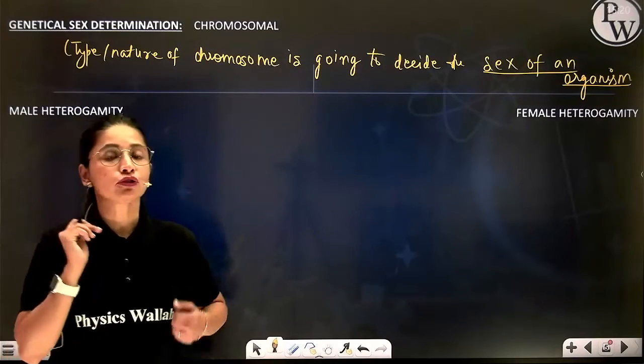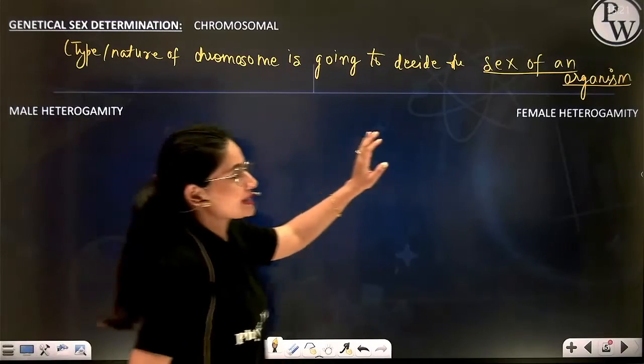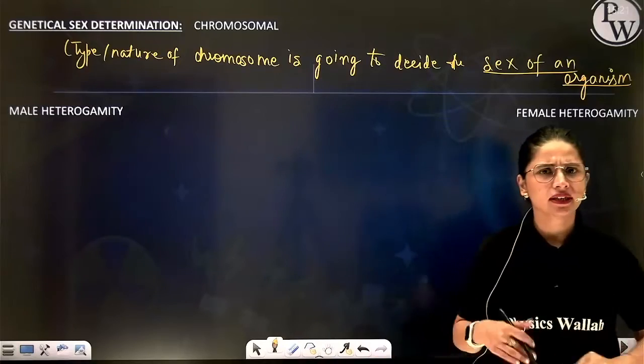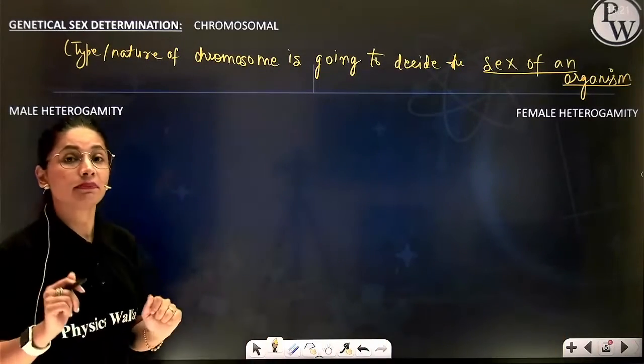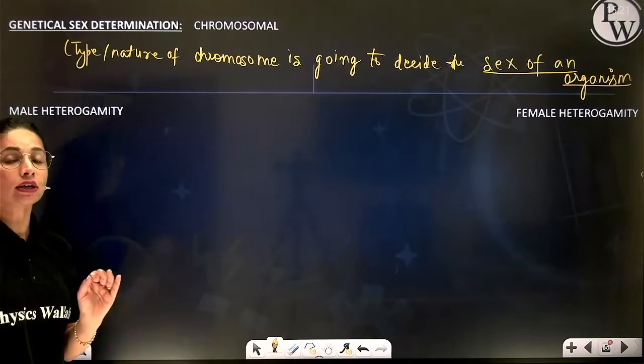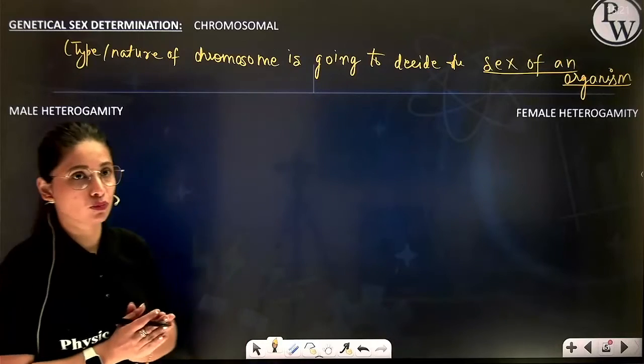Now it can be of two types, beta. One, male heterogamety, and second, female heterogamety. What is this? Male heterogamety means when the male is producing two types of gametes on the basis of their sex chromosome.